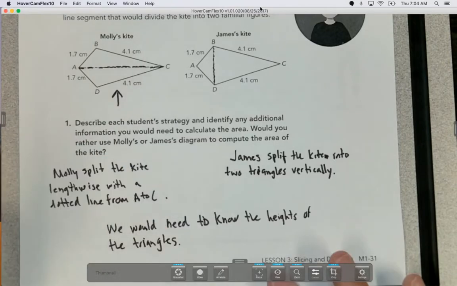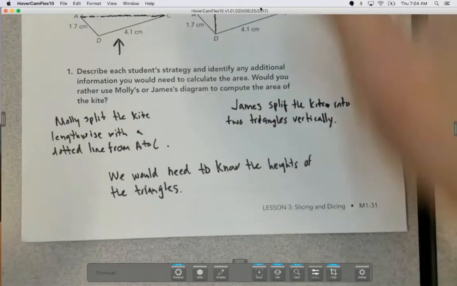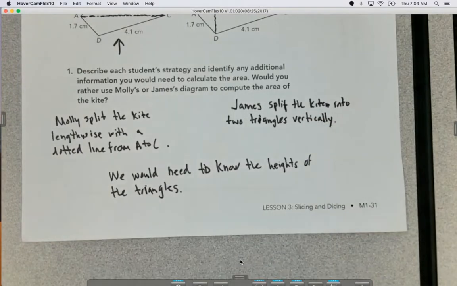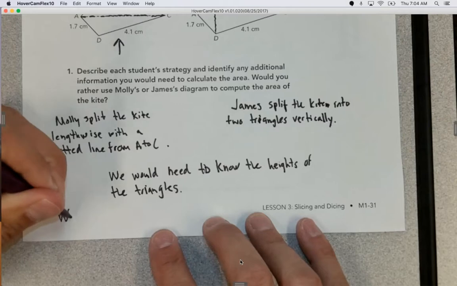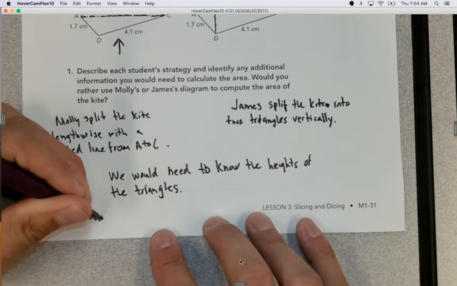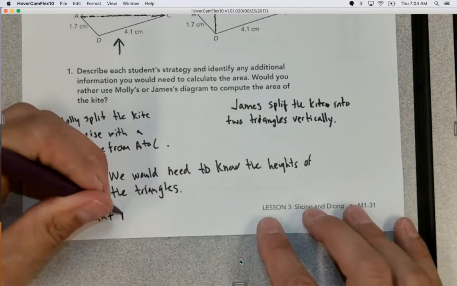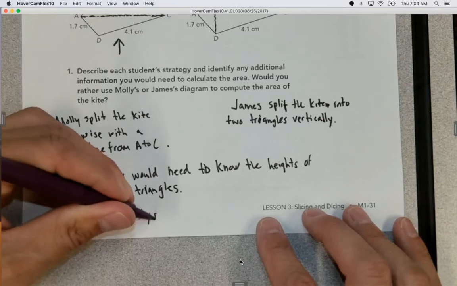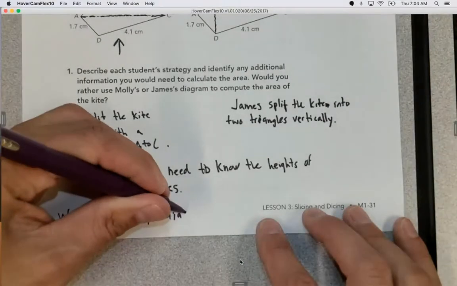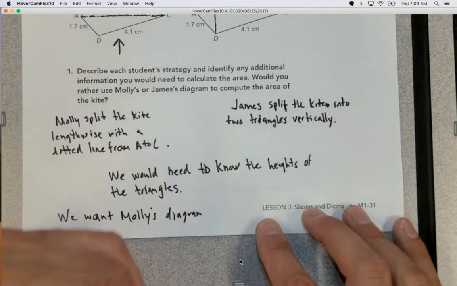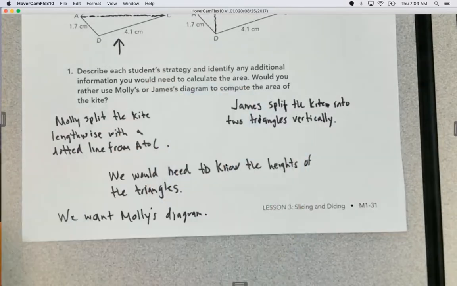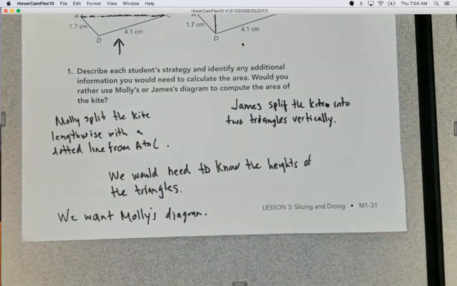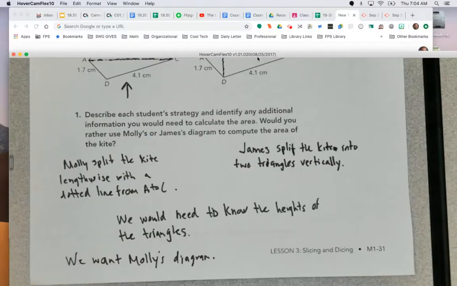Okay. And as we talked about, we want Molly's diagram because it would be easier. Okay, so kites, composite figures, we can break it up into two triangles. This is something we have talked about in class.